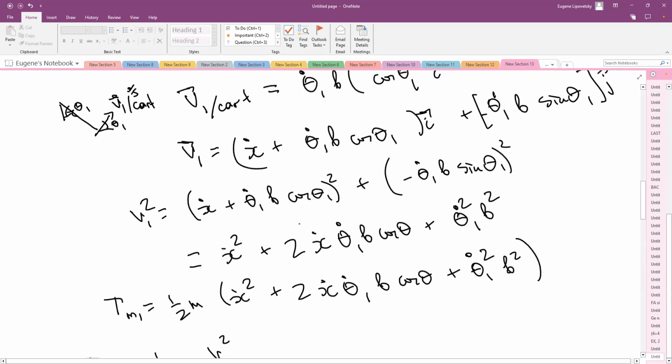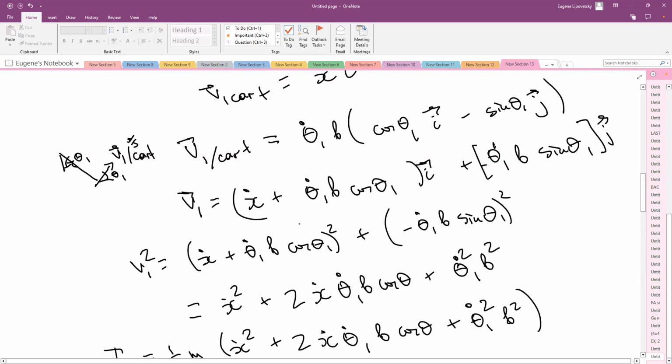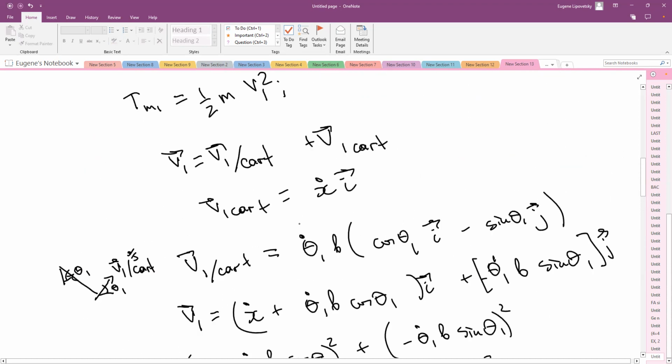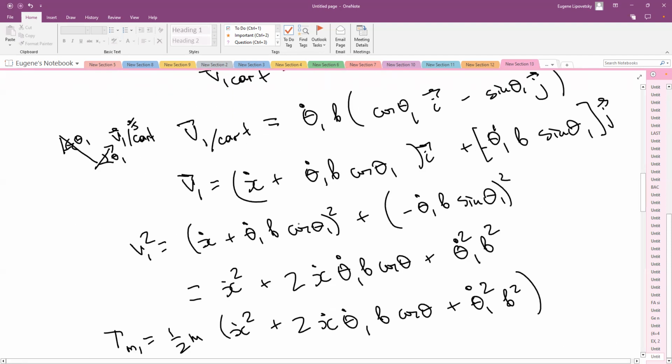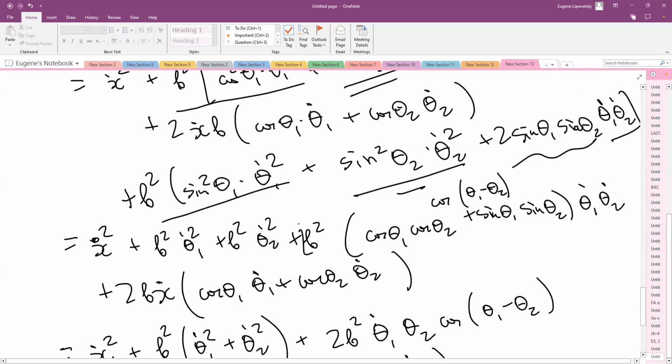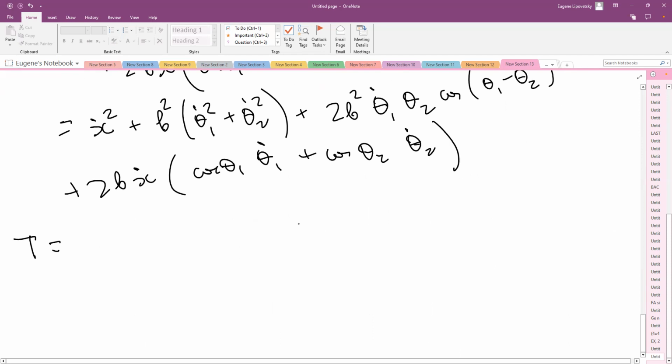Let's see where the first one is. Okay. 1/2 of x dot or so. And that's going to be this one, right? Okay. It's going to be m x dot squared. That's for the cart.